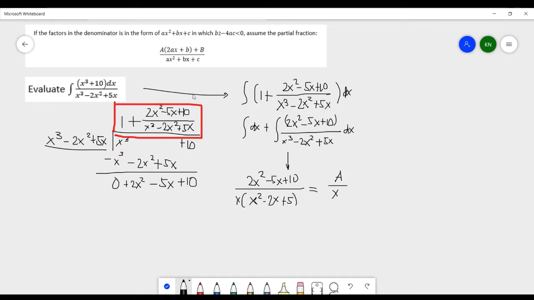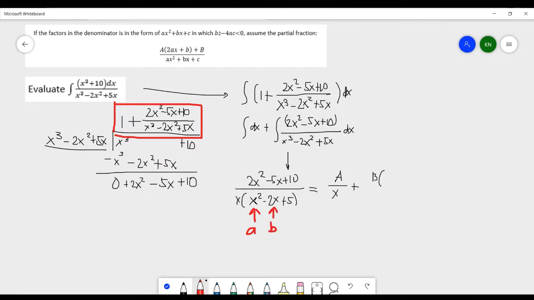So we can assume this partial fraction: we already have our A, so we start with B, and this is our A and this is our B.